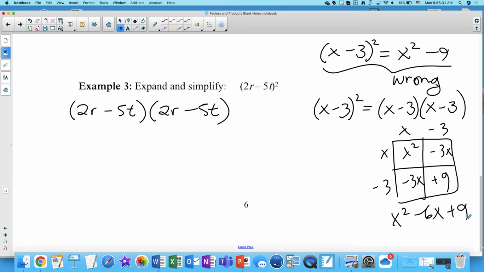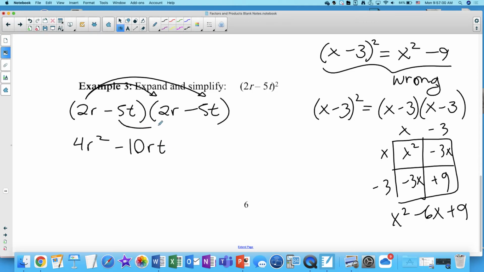Okay, so 2r times 2r, 4r squared. 2r times negative 5t. Negative 5 times 2r. Yes, negative 10RT.